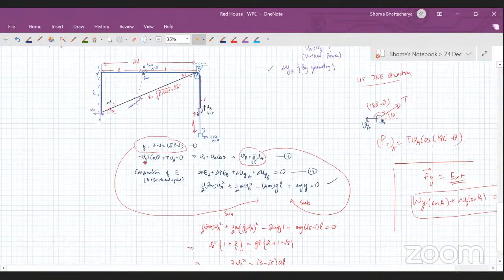So that's why here, as you can see, it becomes minus T VA cos theta. Whereas on the other side, on the block B, the tension is acting vertically upwards and the velocity is also vertically upwards. So the power delivered by tension on the block B is plus T VB. So that's this term here. And their sum should be 0 because of net power. Is it clear?